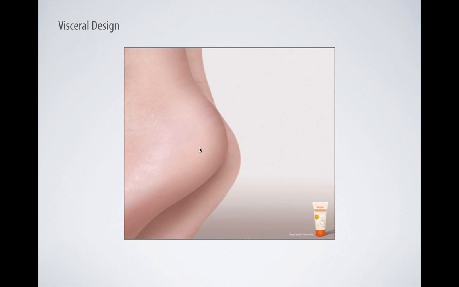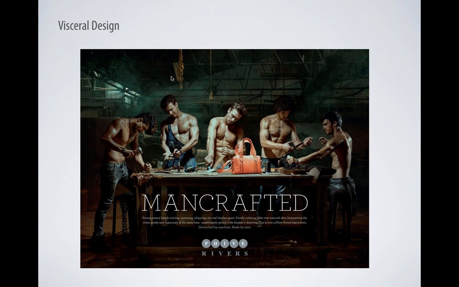This is actually someone's feet, but they're arranged and photographed in a way that's very suggestive of a female figure. And down here in the tiny print, it says Sexy Heels by Samantha. So the little product is almost secondary to this image.